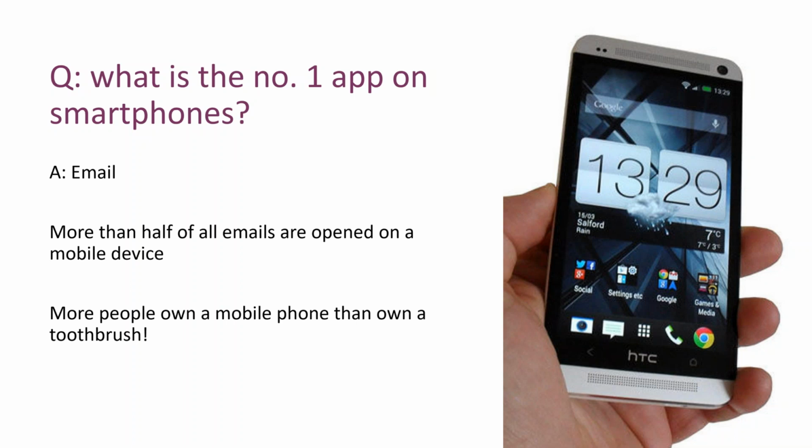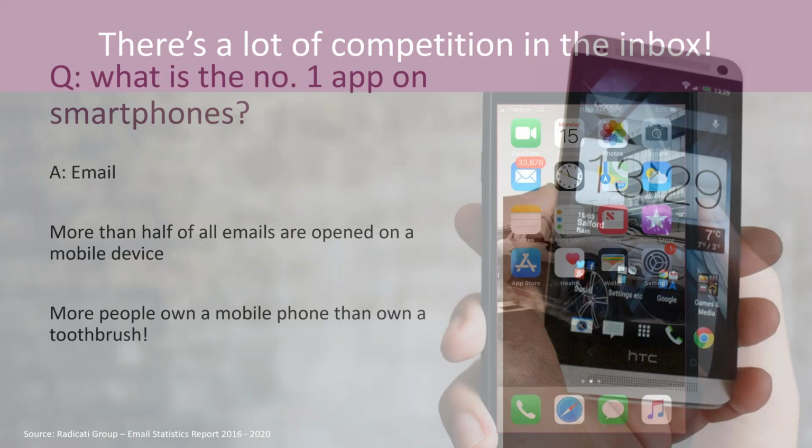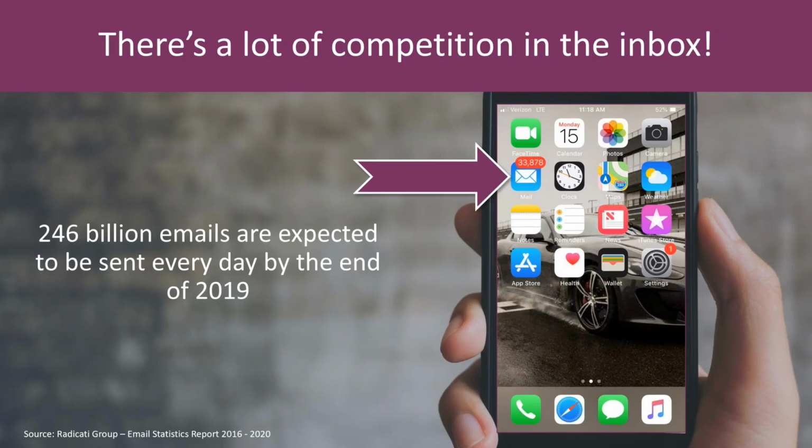More than half of all emails are opened on a mobile device. In fact, more people own a mobile phone than own a toothbrush, which is rather disgusting. But you can see that this means huge opportunities for you to communicate with your target audience. But here's the thing. There is a lot of competition in the inbox.